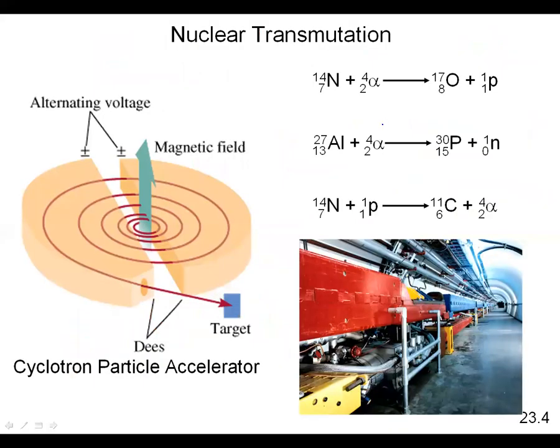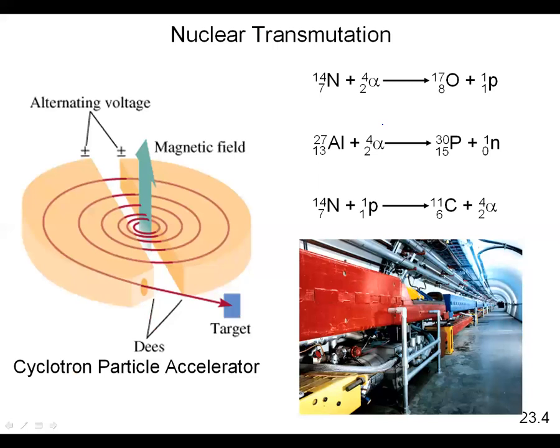So how do we generate different elements, or make elements go through a fission process? Sometimes it's what is referred to as nuclear transmutation. One way that we could make something unstable is to bombard it with a particle. One way that you could do that is through a particle accelerator, like what we see on the screen.